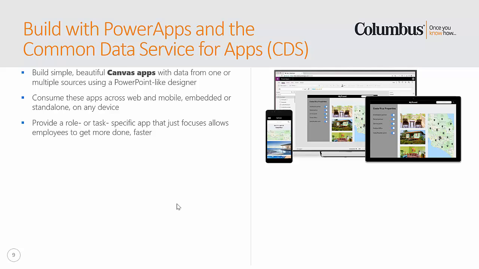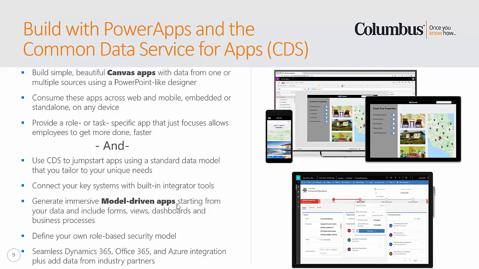So there are two types of Power Apps. There's the Canvas applications. Canvas applications can take data from one or multiple sources, including Dynamics 365 for Sales, and then be able to build that using a PowerPoint-like designer, and then use these applications across web and mobile devices.